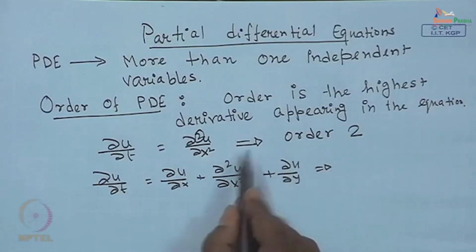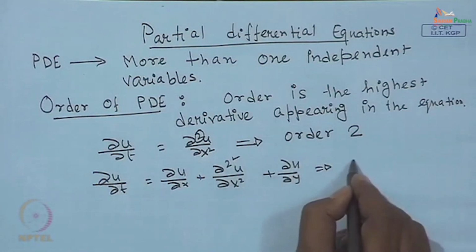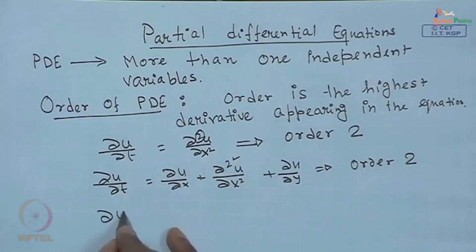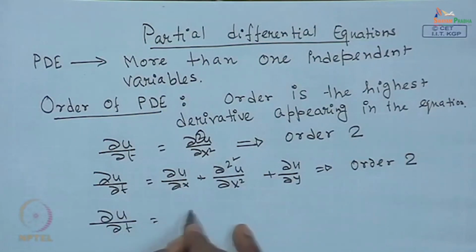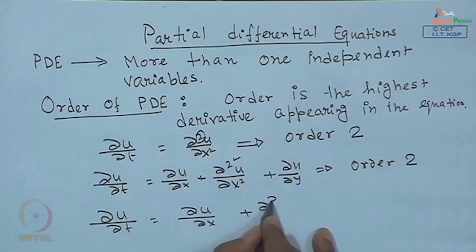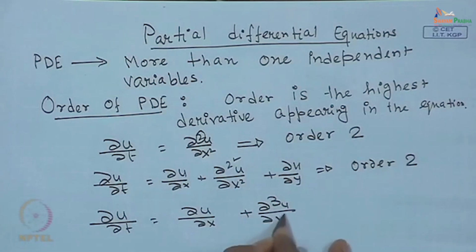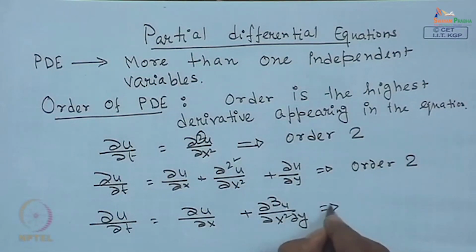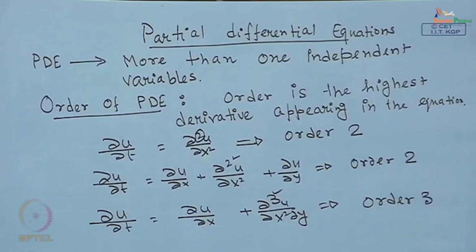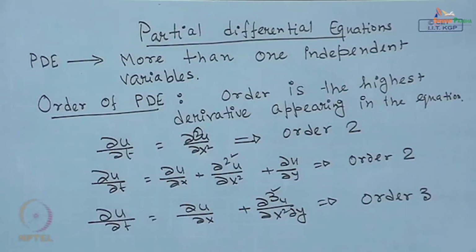Since the highest derivative occurring is second order, again the order is 2. For example, del u del t is equal to del u del x plus del cube u del x square del y. Then the highest derivative appearing is 3, so it has an order of 3. So, the highest derivative appearing in the partial differential equation is defined as its order.